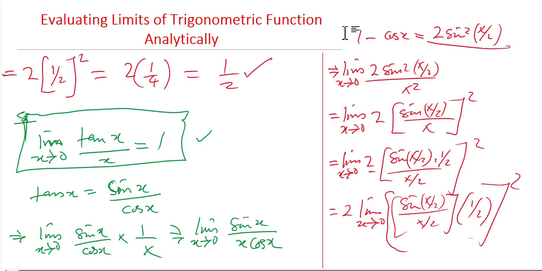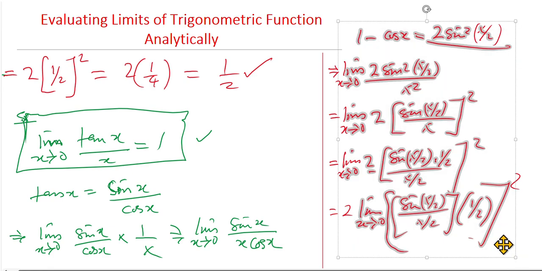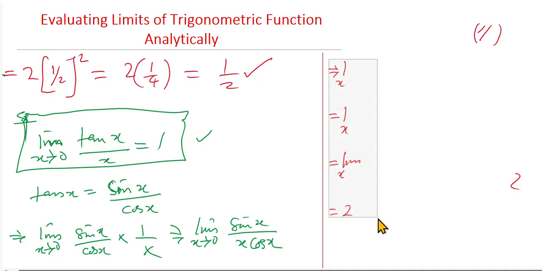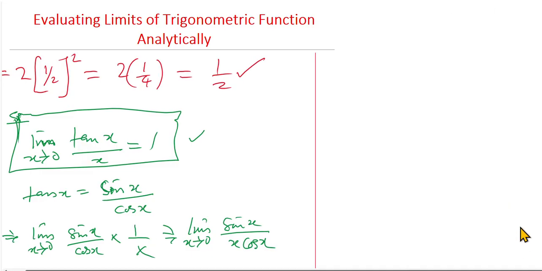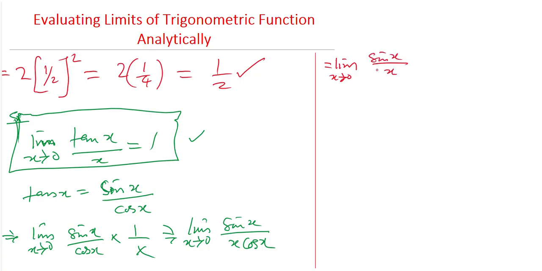Okay, the next thing we want to do is to rewrite this in the standard form, and once we are able to achieve that, we have solved the problem. So we can have the limit as x approaches 0 of sin x all over x. So we are just separating what we have here.